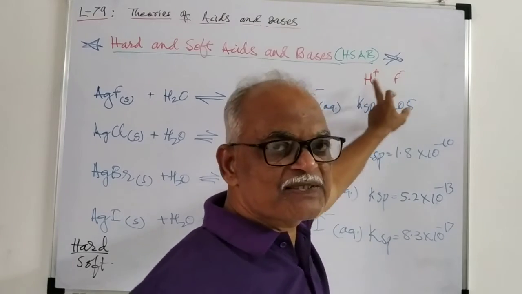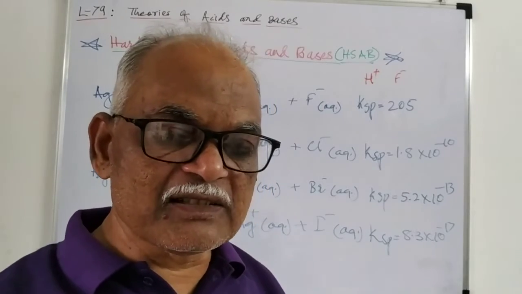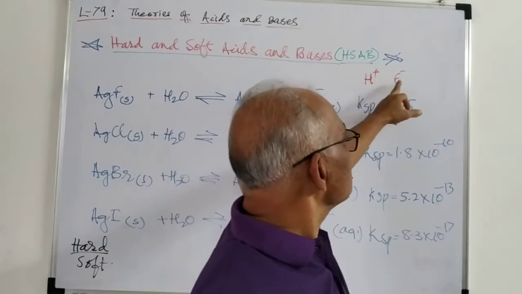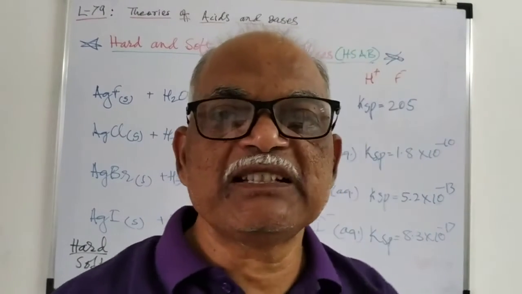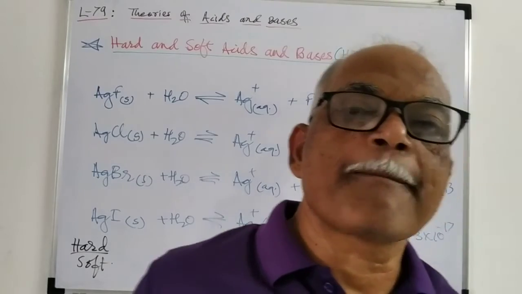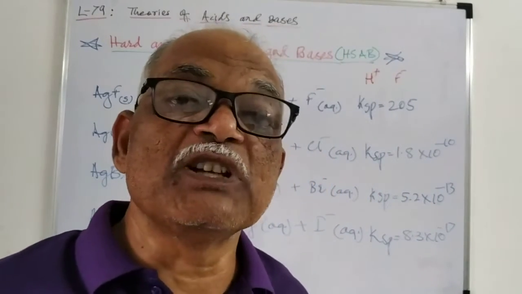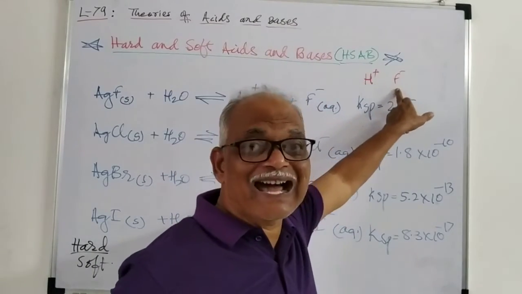The electron cloud of H plus or F minus is highly stable and cannot be deformed, and therefore such species are called hard.